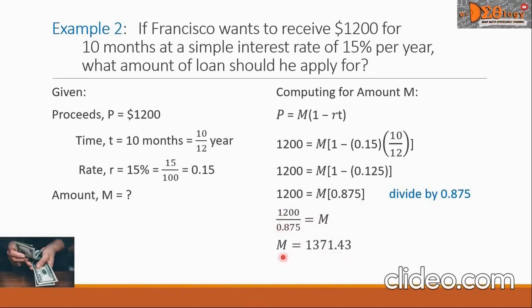This is our M. This is the amount of loan that Francisco should apply for. Let us affix our dollar sign, and then let us copy this value opposite amount M on this side.